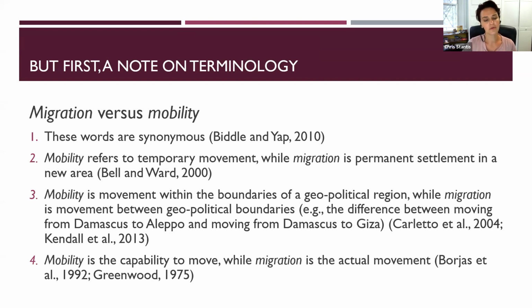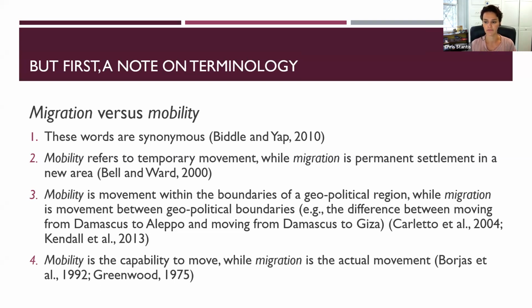Mobility might also be the movement within the boundaries of a geopolitical region, while migration is movement between geopolitical boundaries. So, for example, this is the difference between moving from Damascus to Aleppo versus moving from Damascus to Giza. And you see this a lot in several modern sociological studies.